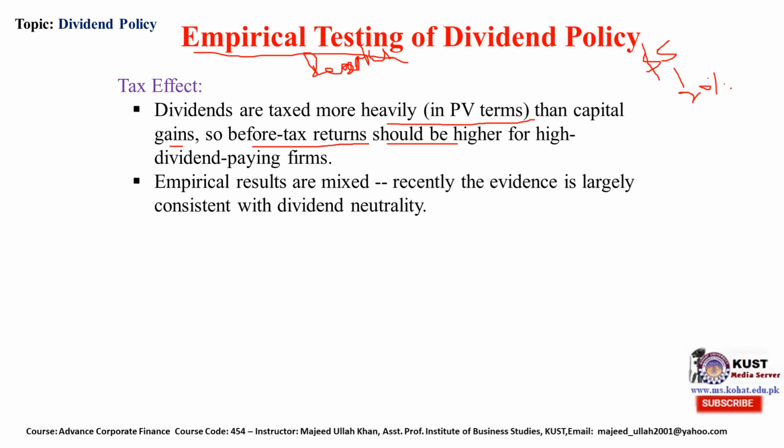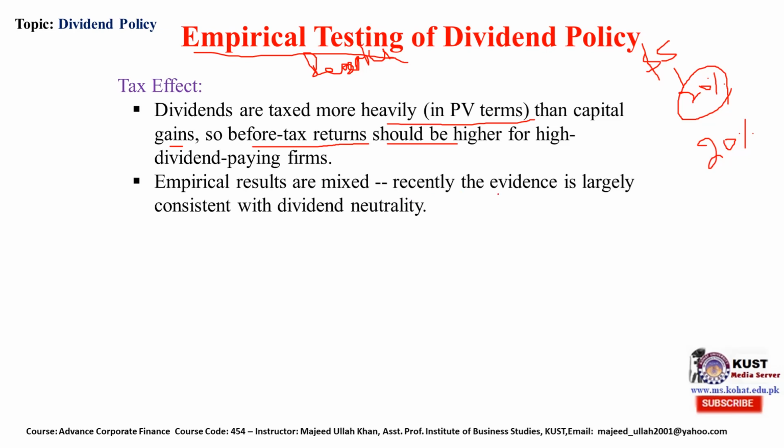But that 20% at the end of the year is worth less than the 20% at the start of the year. So when the company pays a dividend, its tax current value or present value is higher. So before-tax returns should be higher for the higher dividend paying firm. It means that firms paying consistent dividends will try to earn a higher pre-tax return in the company.